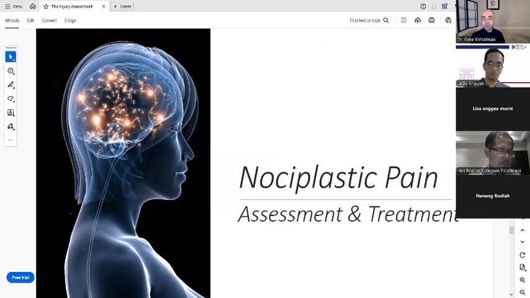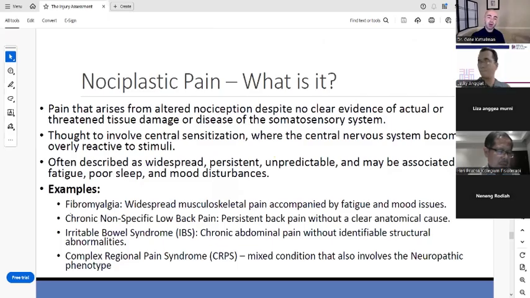And then finally, we have our nociplastic pain. All right, so with nociplastic pain, this is pain that arises from altered nociception despite no clear evidence or actual threatened tissue damage or disease. So these are your ankle sprains that still hurt 3 years later.